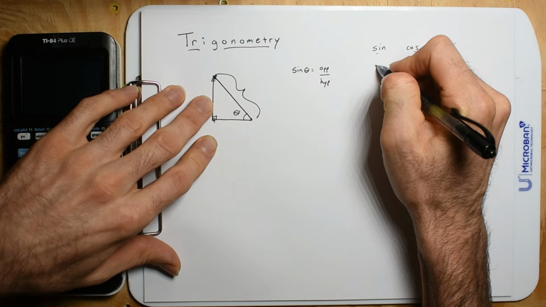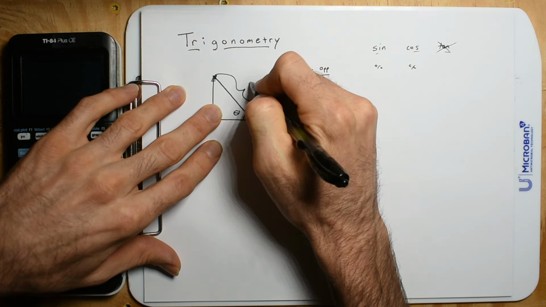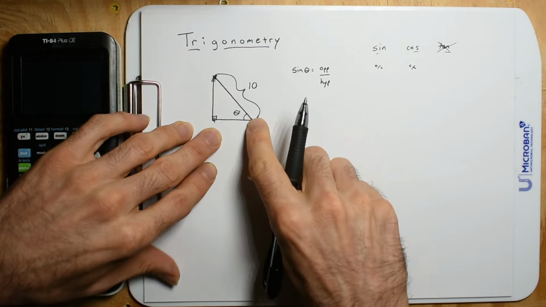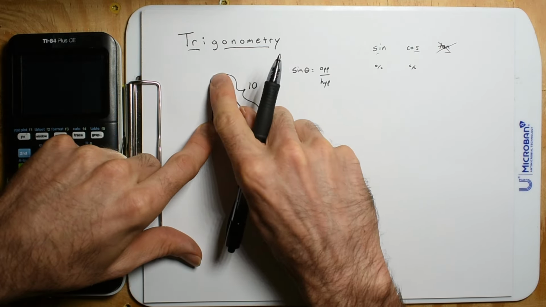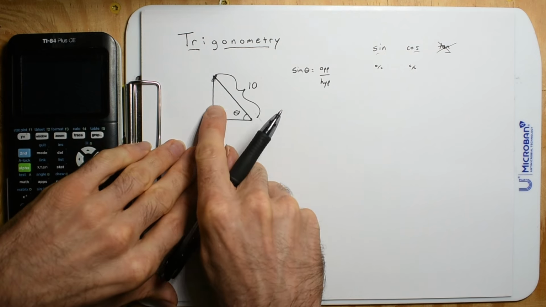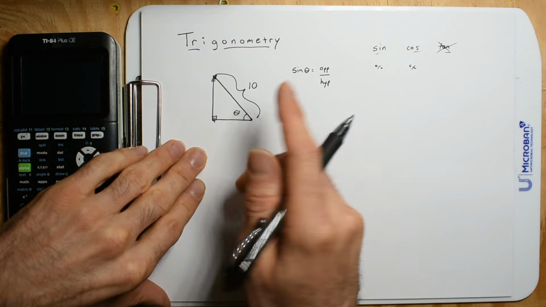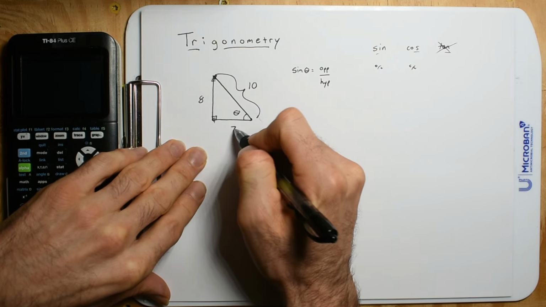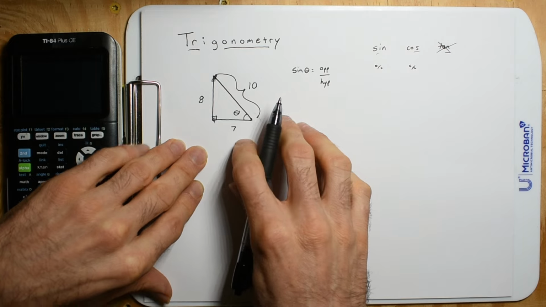Sine and cosine are percentages of this total distance. If I say this total distance is 10, just use your guessing skills: this length looks like 8, this looks like 7. If I guessed 8 and 7, I'm really close.